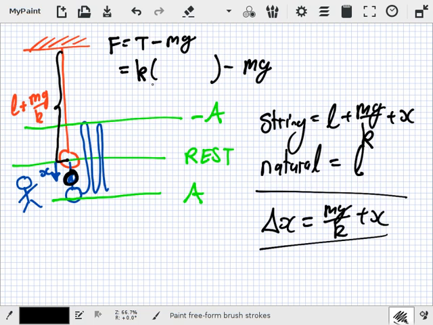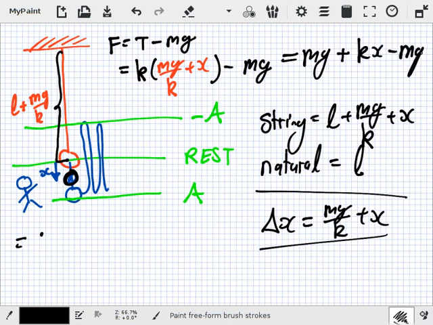So here, I don't put x, I put mg over K plus x. Now, if I multiply that out, what do I get? Mg over K times K is mg, plus kx minus mg. Well, they cancel.